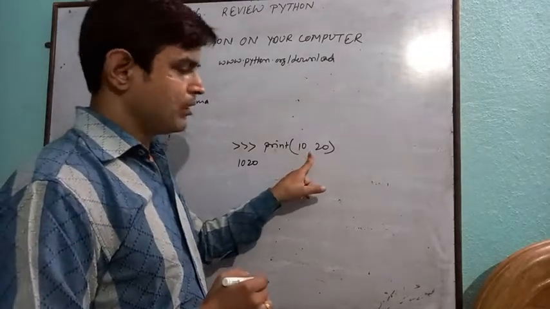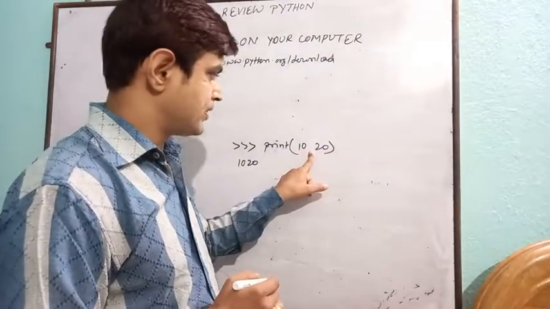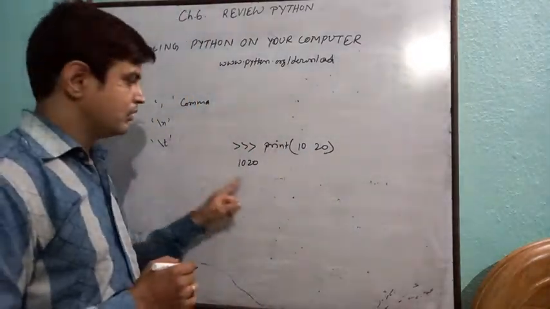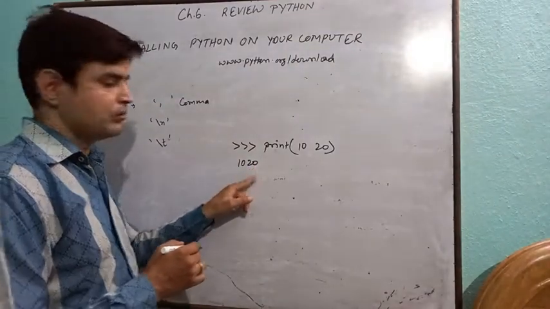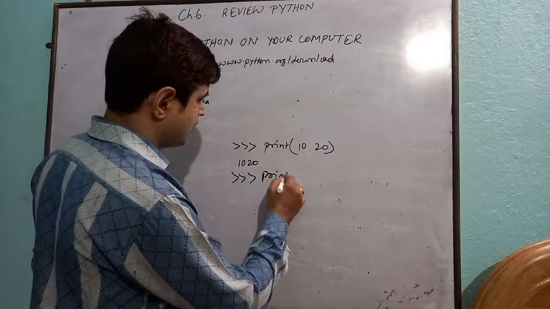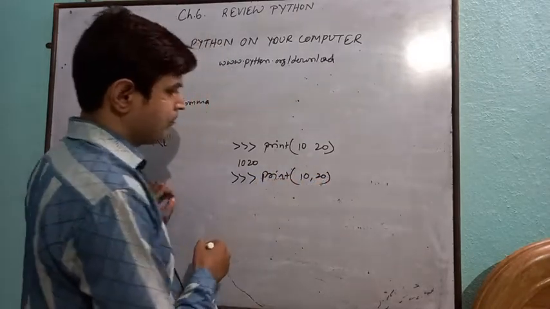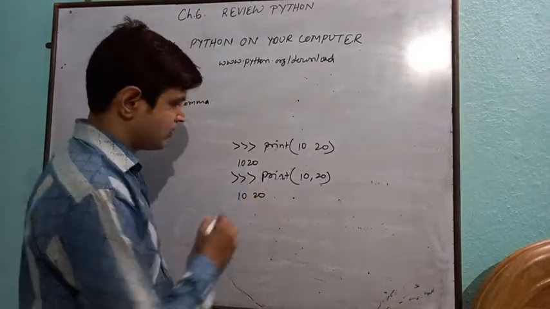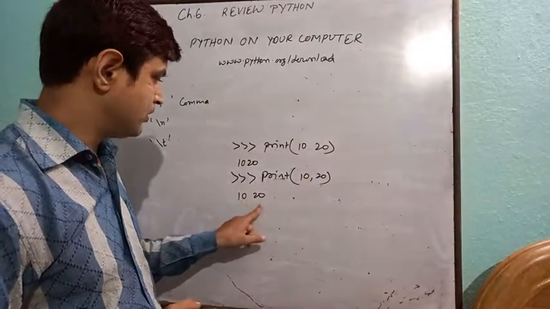Although in the argument I gave a space, as I didn't use any separator, there is no space between these two values. And if we use a comma separator between the values 10 and 20, then it will display the result like this. This comma separator gave a single space between the values.